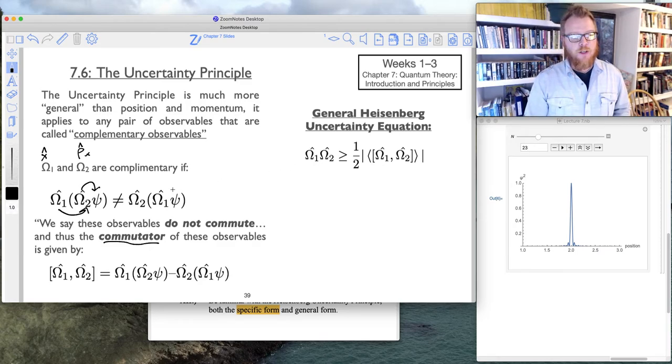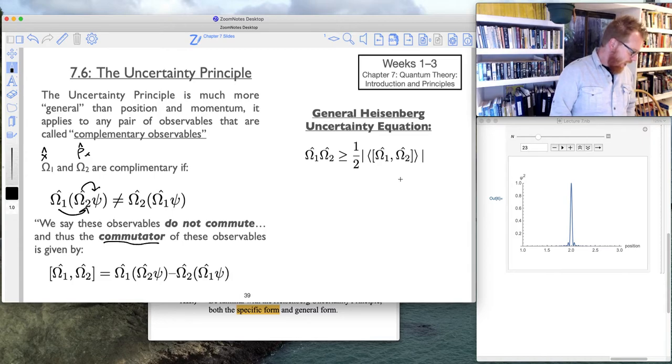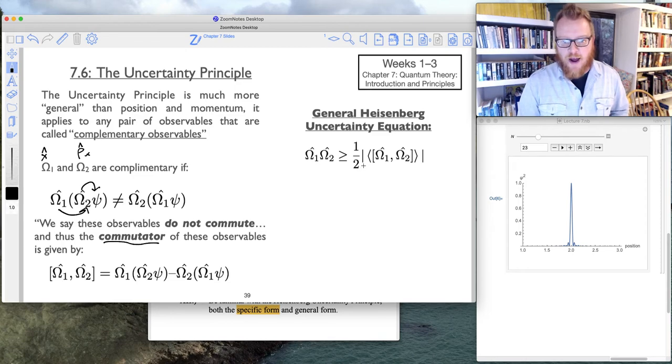Now if we subtract those two, keep in mind this side of the equation, omega 1 operating on the operation of omega 2 operating on psi, is the same thing I have here, minus the switch of order. If these two things were identical, then this would just equal 0. So what we've got now is this chunk of the general form of Heisenberg.